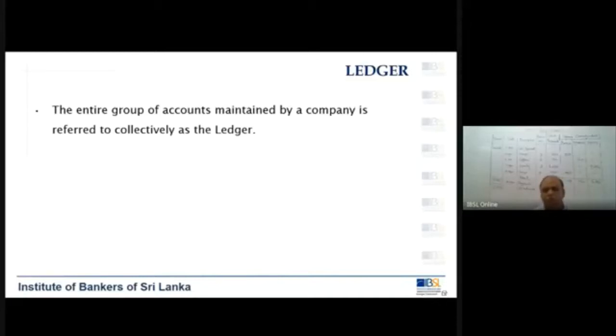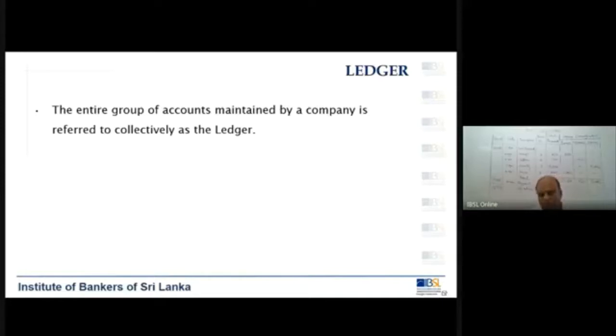But just imagine the situation when you are maintaining the ledger manually. For each account, you have to allocate a page in the book. It could be one page, or it could be several pages. And you have to cross-refer all these pages when you want to maintain your complete ledger.